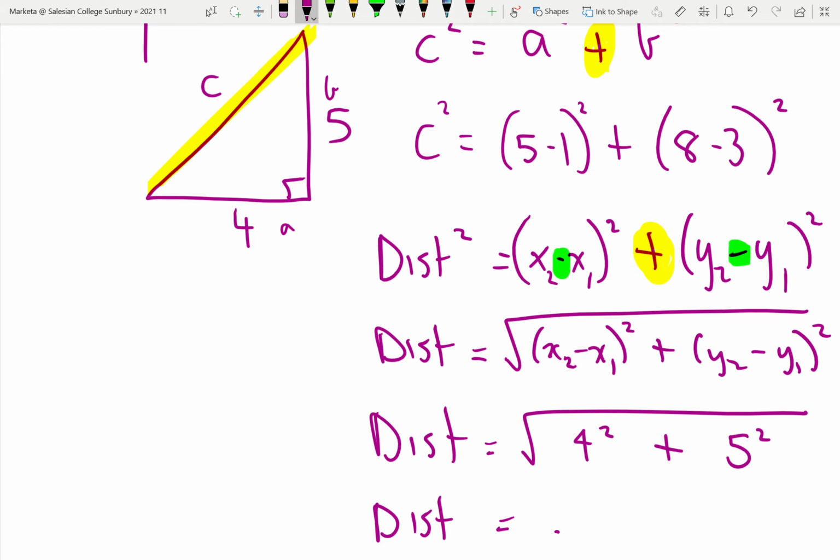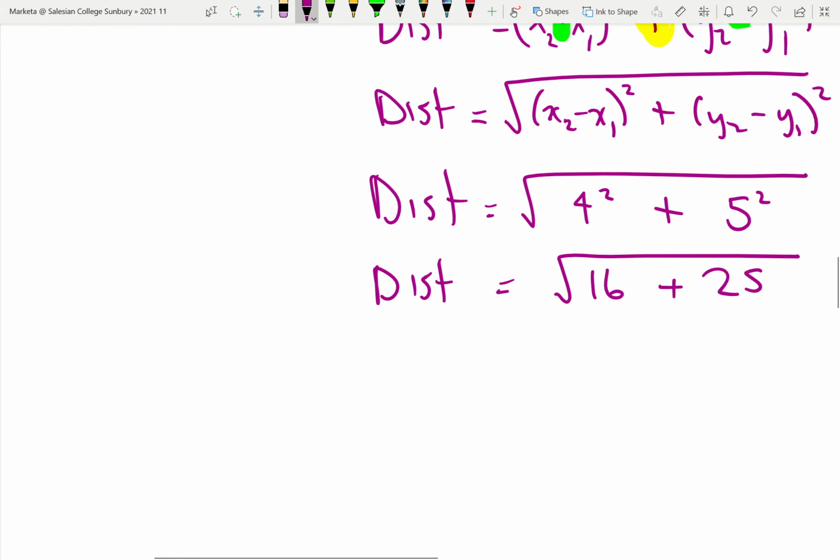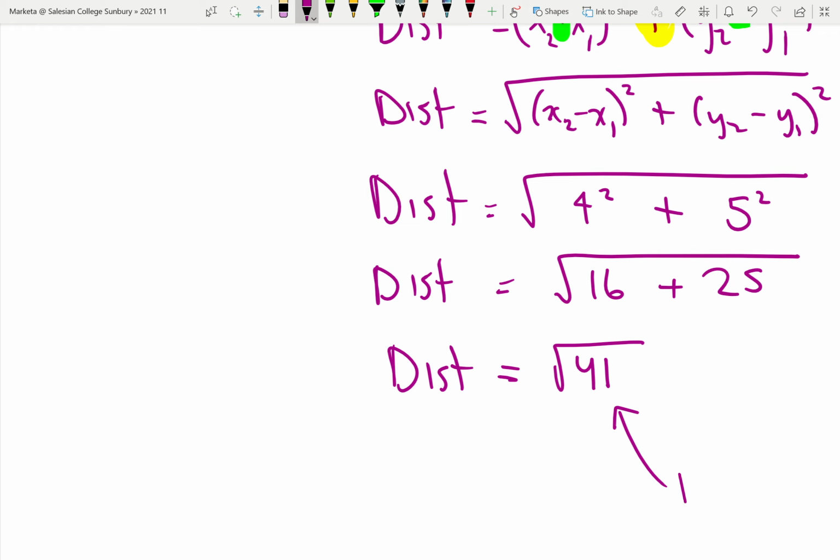Distance equals root 16 plus 25, and distance equals root 41. So in this case, we can't simplify this root. If we could, then we'd break it down. So we will look if you can simplify.